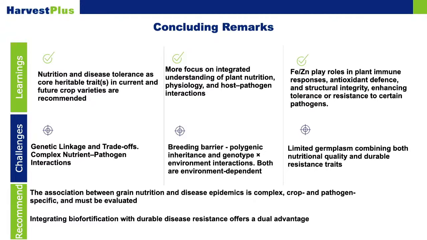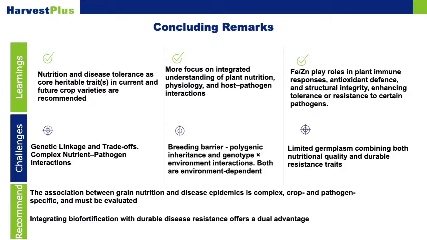To conclude, as I said, nutrition is highly heritable and transmitted from one generation to the next, just like disease resistance. It is highly possible to combine both traits in a single variety or hybrid, so this is highly recommended. There is no stigma of ignoring the trade-off that has been highlighted, but that may be random.